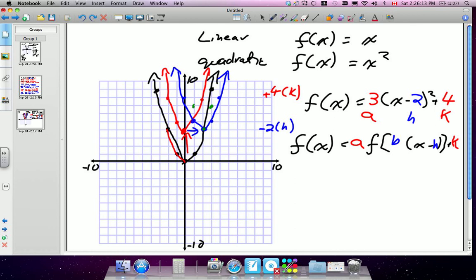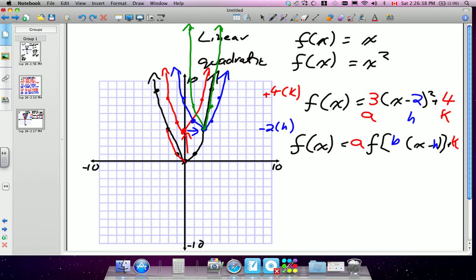I know it kind of runs into the other ones, but if you notice, the whole reason I drew this very, very high is the way they're trying to describe this is this has been vertically stretched. Think of it like an elastic band, right? a was greater than 1, so that means it's been stretched. So it's been pulled like an elastic band and gets thinner and thinner, okay?